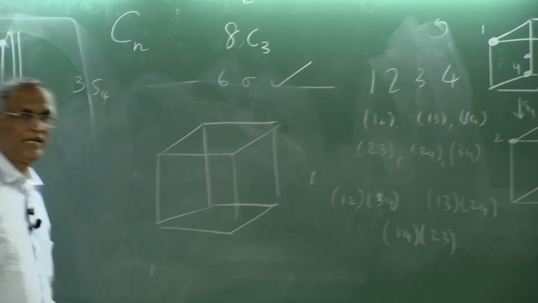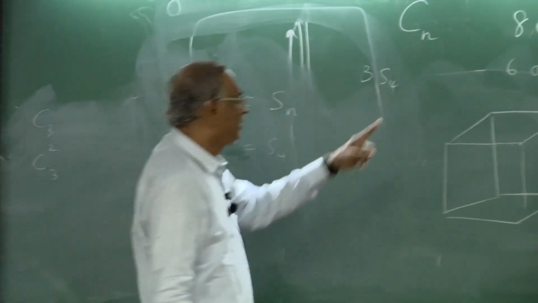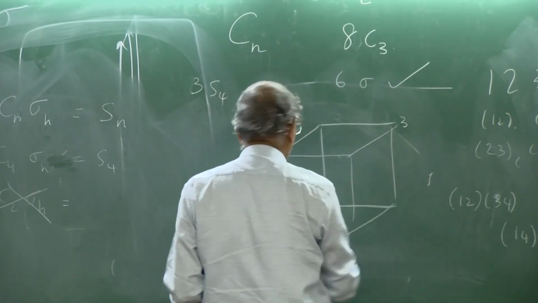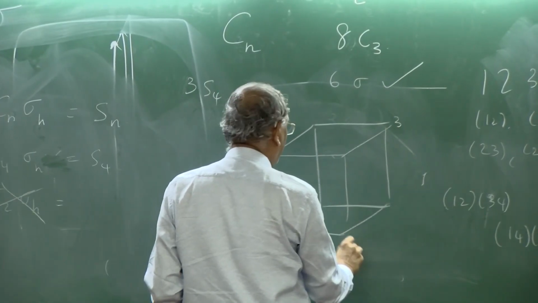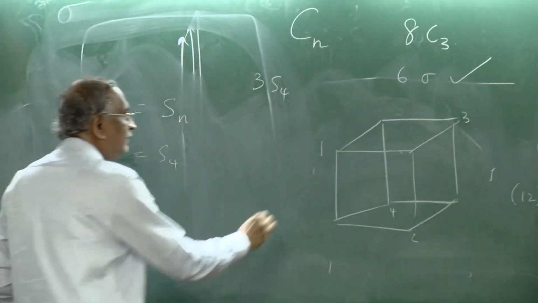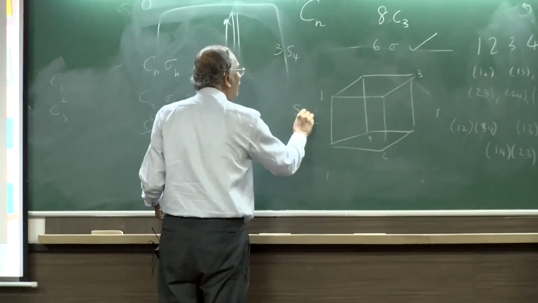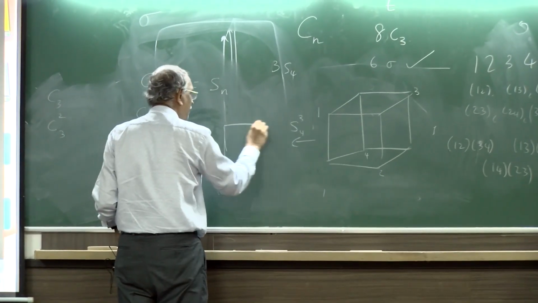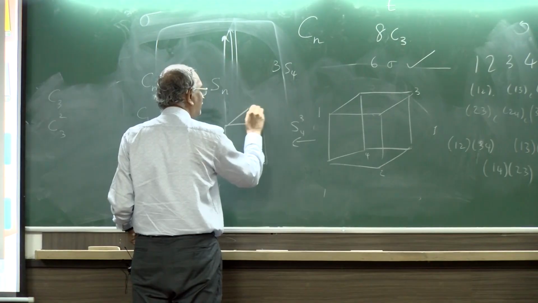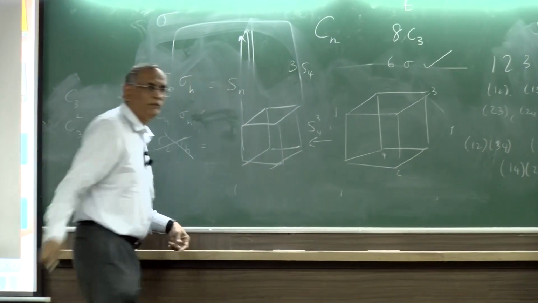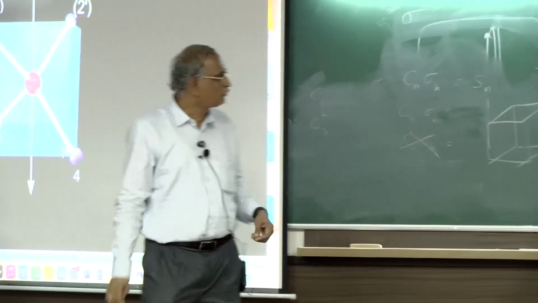Now let us do a 270 degree operation. We start with the same thing, 1, 3, 2, and 4. Tell me where it is after the S4. Yes, 4, 3. Let me draw the picture, then you can tell me where it is. 1 goes to?